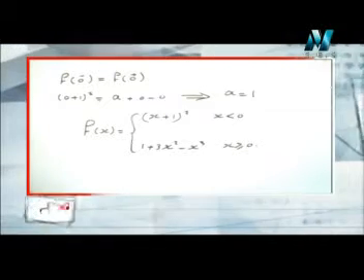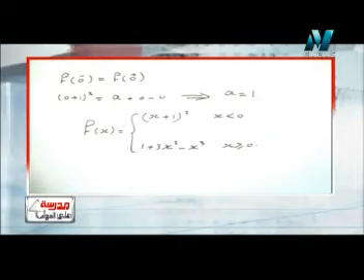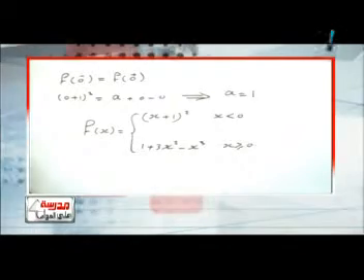Then it says find the absolute maximum and absolute minimum on the interval negative 3 to 4. Absolute maximum, absolute minimum. Do you remember them, kids? Yes, for absolute maximum and absolute minimum we have to get the set of critical points, which includes: number 1, the points where f dash x equals 0.